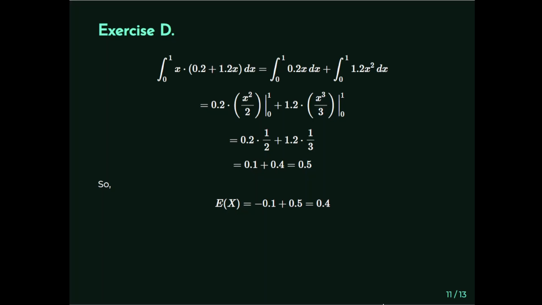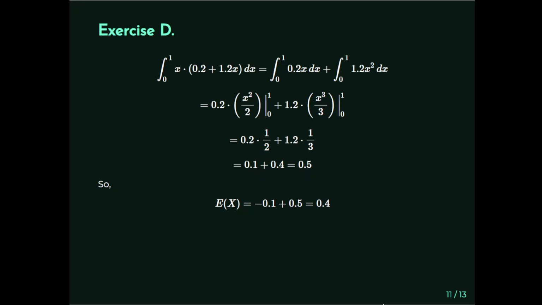Now, for the first term there, the 0.2 times x squared divided by 2, it's actually the same integral as the negative side, just different limits. So we end up with a value of plus 0.1, 0.2 times 1/2. And for the second term there, we have 1.2 times x cubed over 3, which is 1.2 times 1/3, which is 0.4. So for the positive region, the integral evaluates to 0.5.